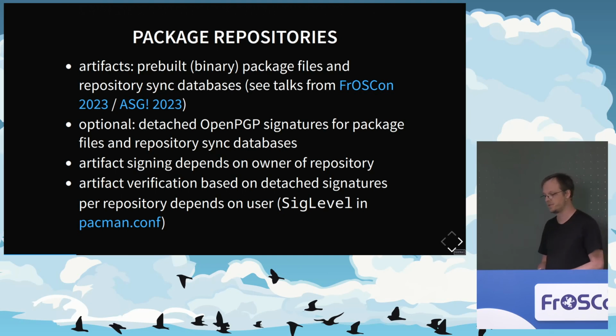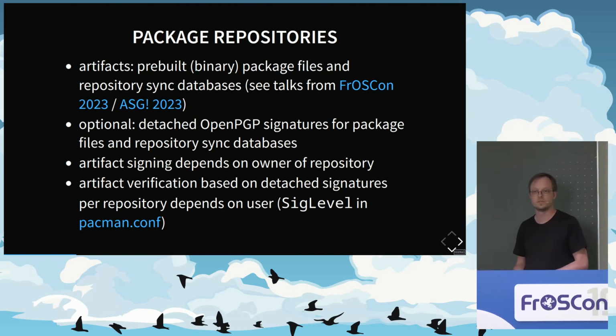And we have detached OpenPGP signatures for package files and repository sync databases, but as it's written here, it's optional. So as a user, you can create your own repository, which would not have any signatures to verify package origin with.